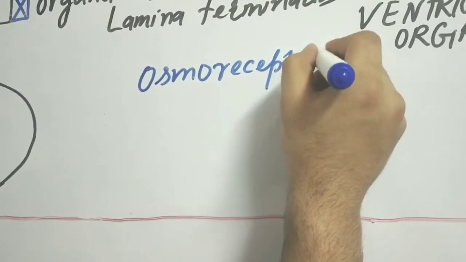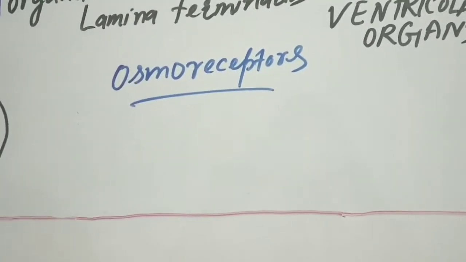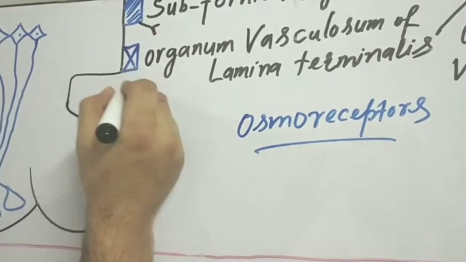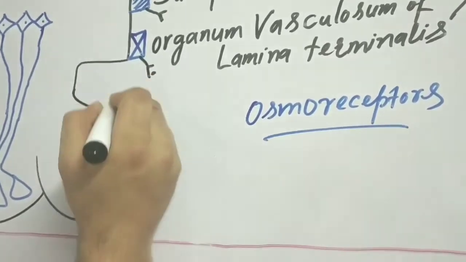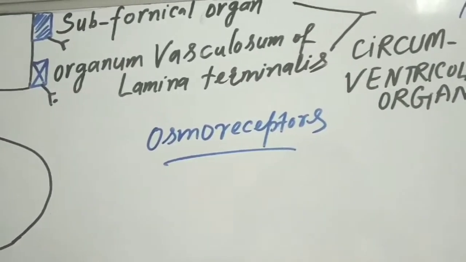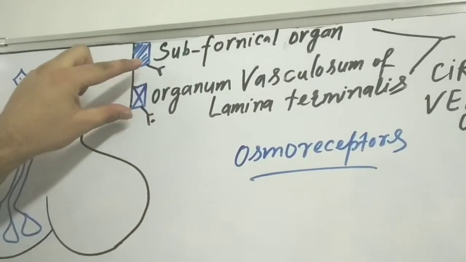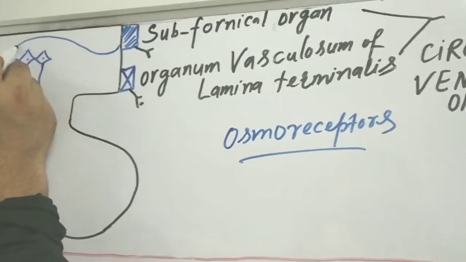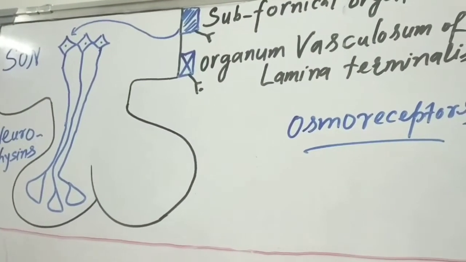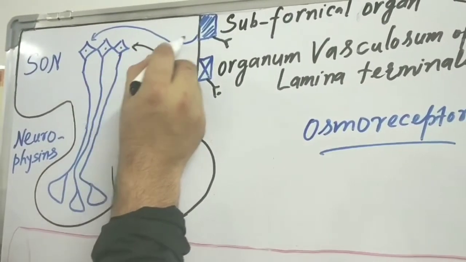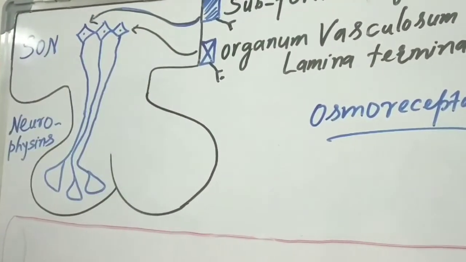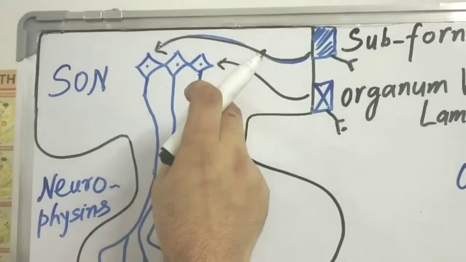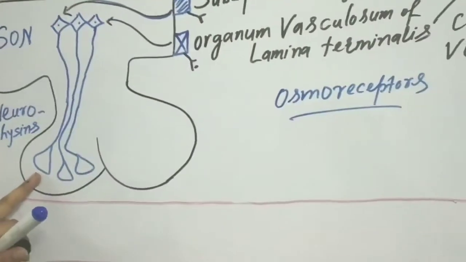Suppose here is your osmoreceptor, and here is also an osmoreceptor in the circumventricular area. Whenever these osmoreceptors are stimulated, they will give signals to the supraoptic nucleus. Whenever they give signals to the supraoptic nucleus, it gets activated and will synthesize the ADH, or we can say it will release the ADH into the posterior pituitary.